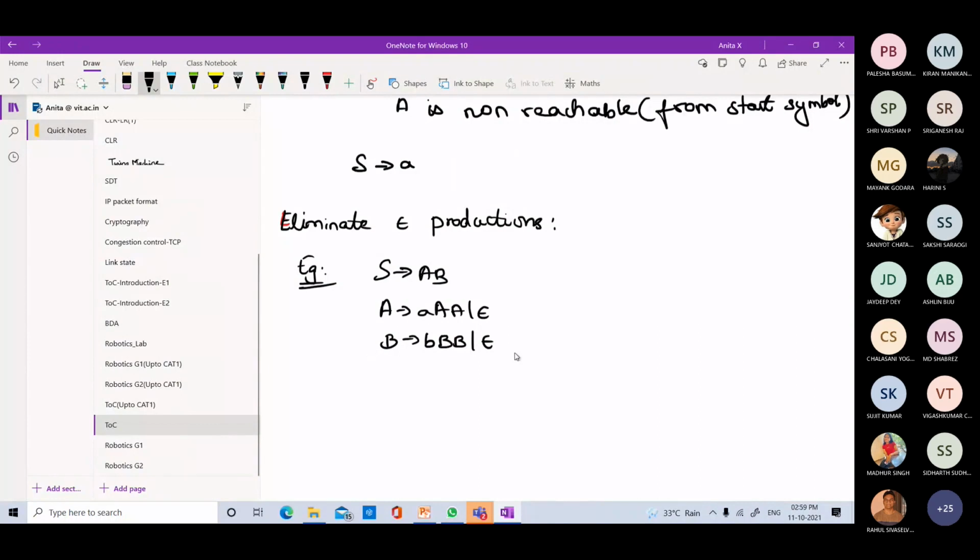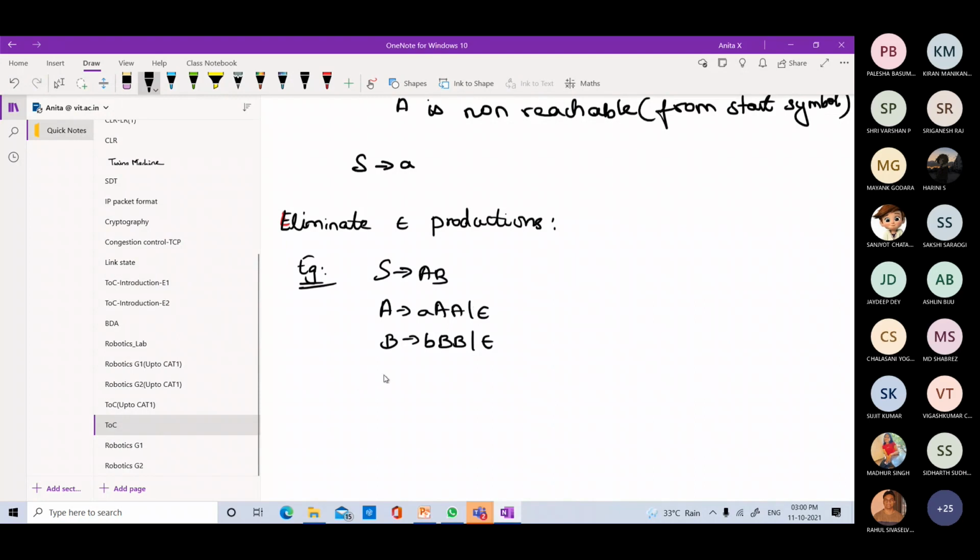So let me repeat. By seeing the production, we can directly say that A and B are nullable because they are having epsilon productions. When I proceed with the reduction, so here you can see A is nullable, B is nullable. So if both are having epsilon, so what happens? S is also nullable. So I have to proceed with eliminating epsilon production with all. Okay. So here, please make a note.